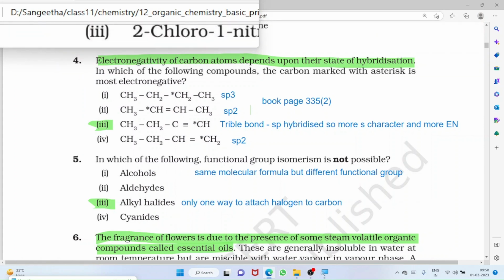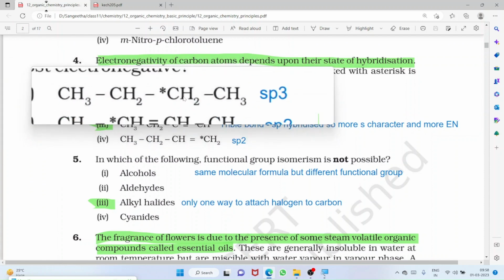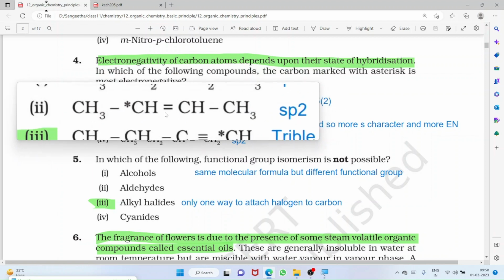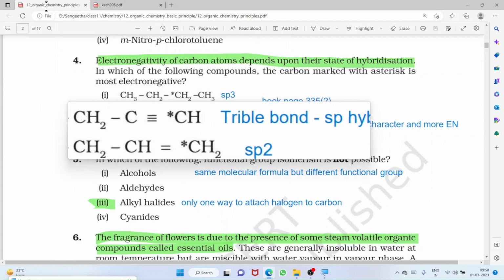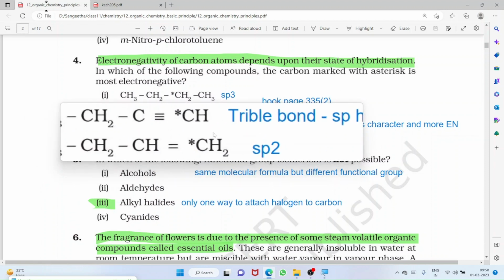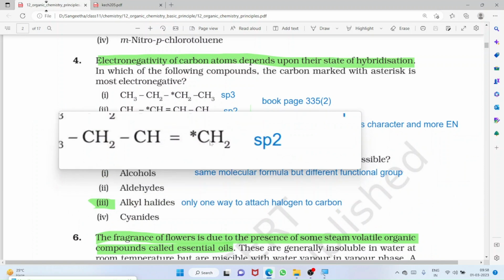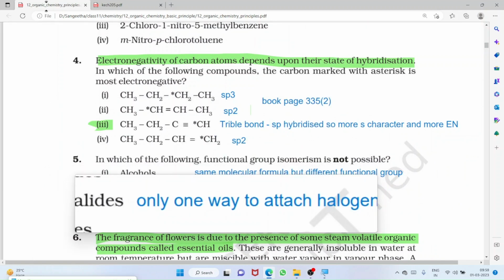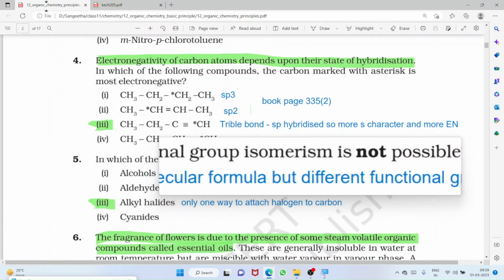Sp3, and this is sp2, because here we have only a single bond on the carbon, here we have a double bond for this sp2, and here we have a triple bond for this sp carbon. Because of the triple bond, it has sp character and more s character, that is 50% s character, so this is more electronegative.